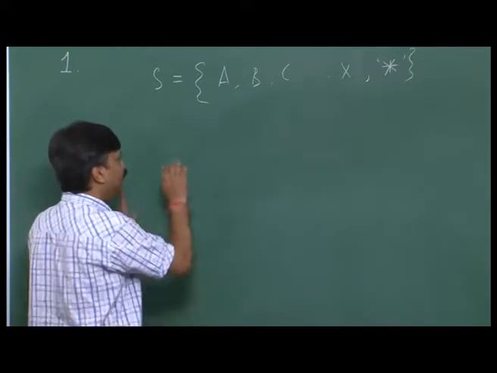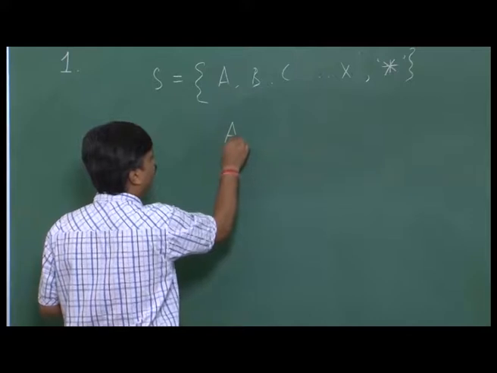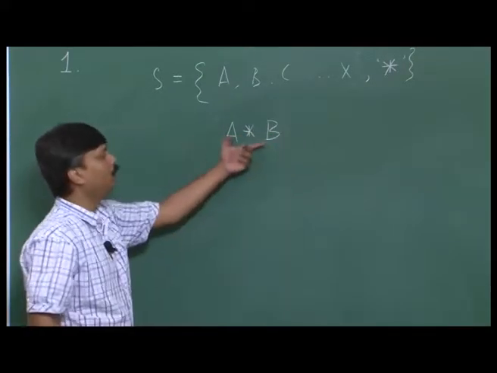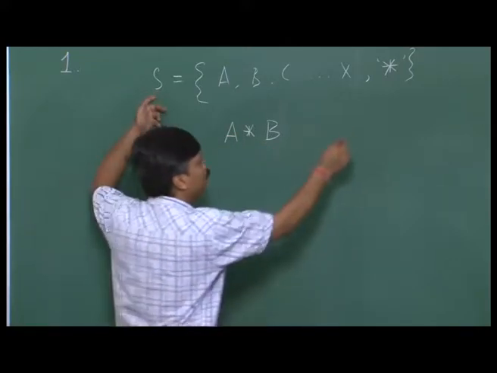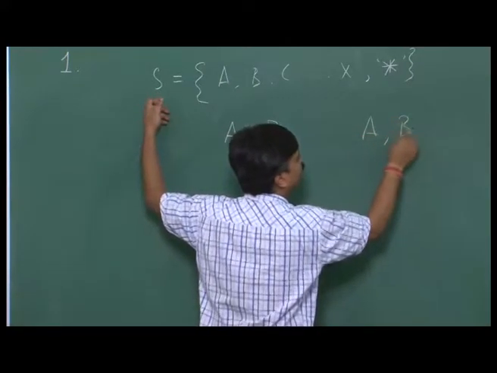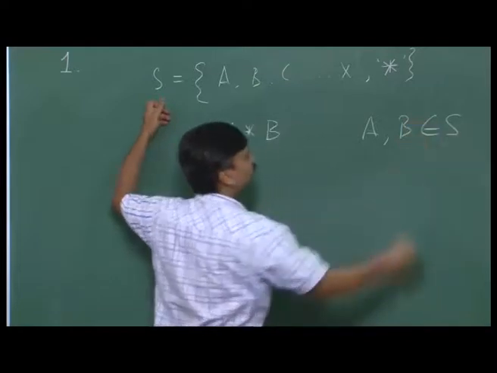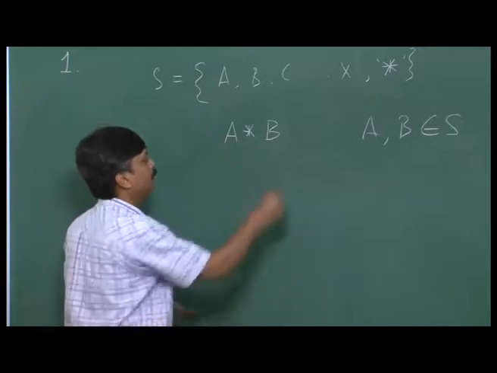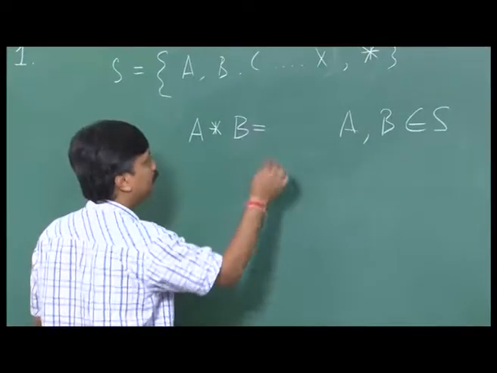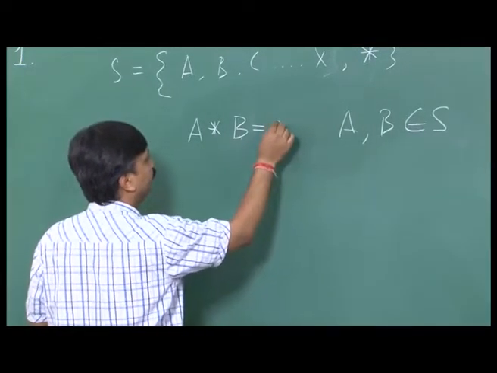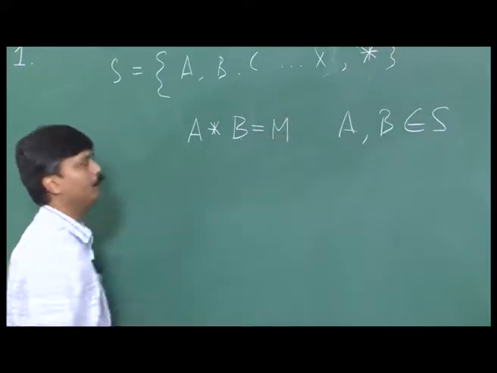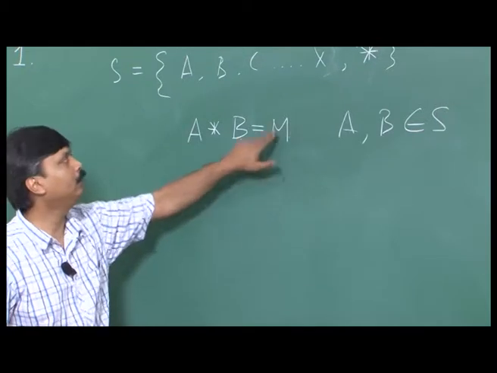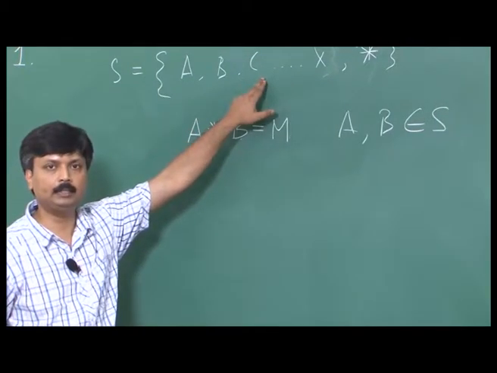Then what this rule says is that the product of any two elements, say A and B, both belonging to the set S, then the result of this combination of A and B, suppose that produces something called M. Then this law says this M must be an element of set S.